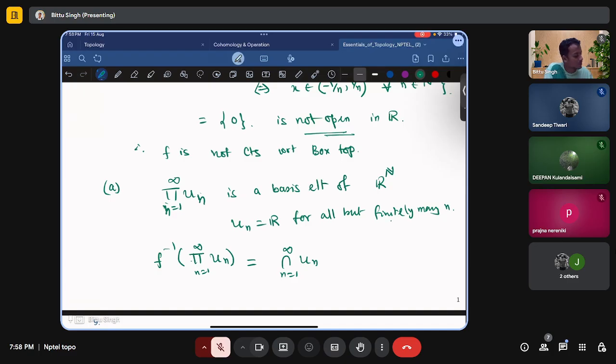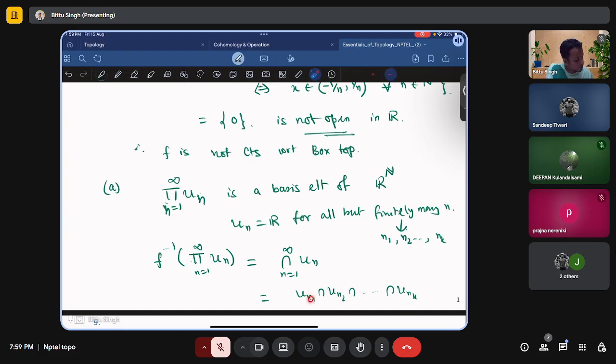So let us assume those finitely many n are n1, n2, up to nk. For those values, un are some independent open sets, except that everything else is r. Then can you see that this is the same as un1 intersection up to unk? Can you see this is the case?